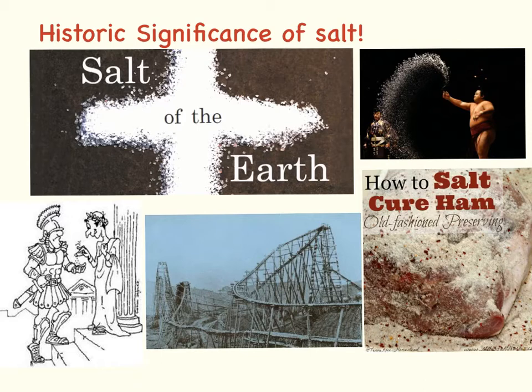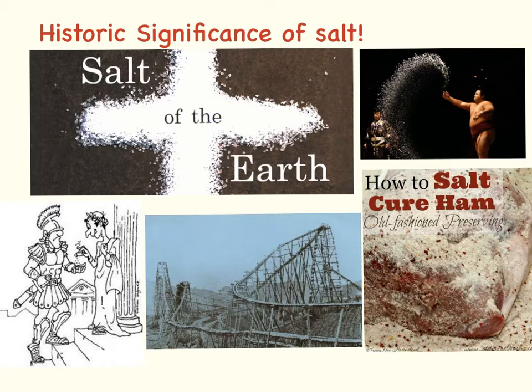Salt then became related to something we call purification or purifying something. Over here, we see a sumo wrestler throwing salt into the sumo ring. Have you ever wondered why they do it? Well, it's a ritual by which they purify or sanctify the ring for the wrestling bout that they're about to have. Again, salt as purifier, salt as disinfectant.